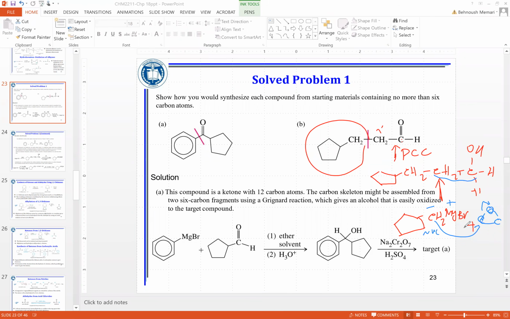You want to make sure that you are using ether as the solvent, because you cannot use Grignard without ether as a solvent. And then after you do the preparation, you have to hydrolyze it. Always follow a Grignard reagent by hydrolysis, and then it gives you primary alcohol.